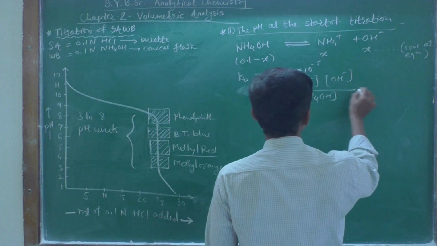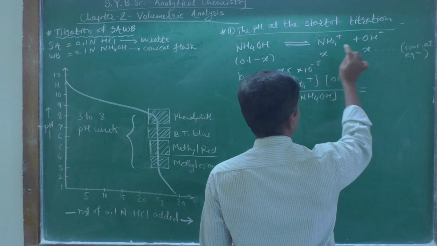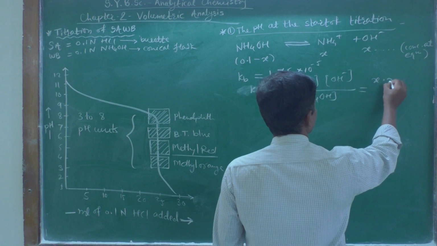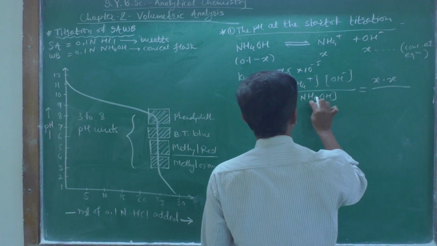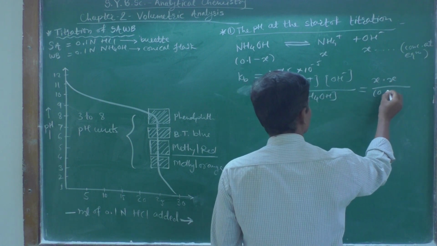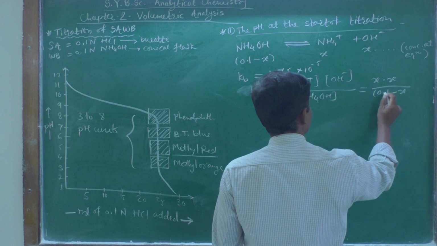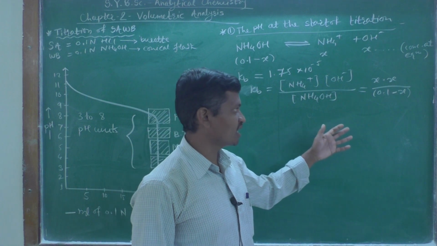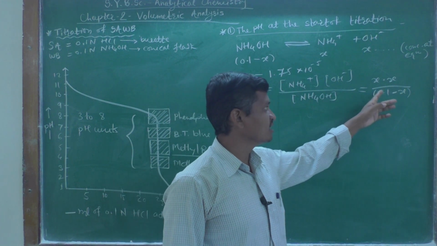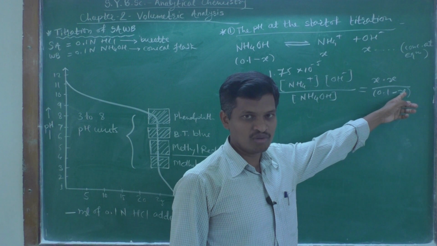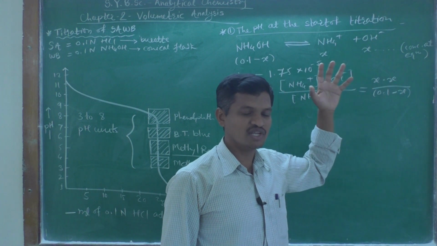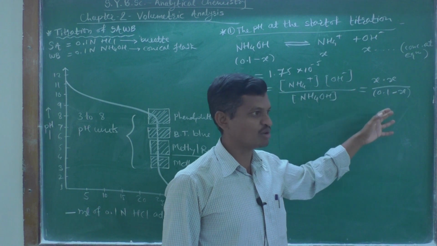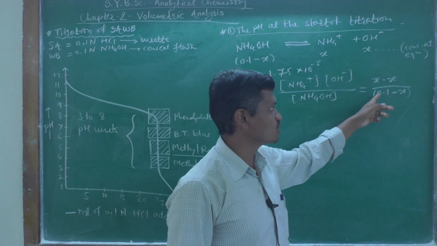Putting the values, the concentration of NH4 plus at equilibrium is X, the concentration of OH minus is again X, divided by the concentration of NH4OH, which is 0.1 minus X. I have already told you that this value of X is very small, because it is a weak base and ionizes in a very small amount.